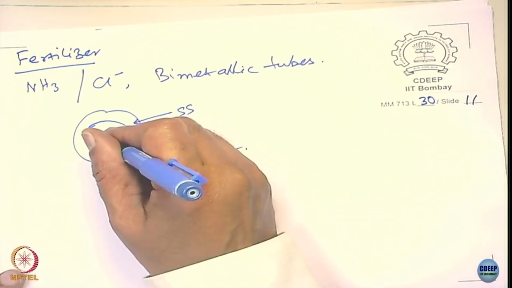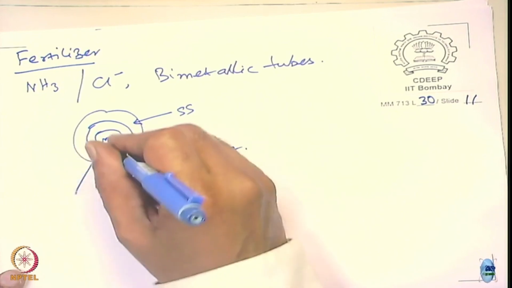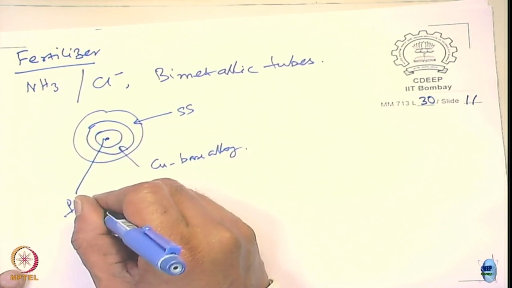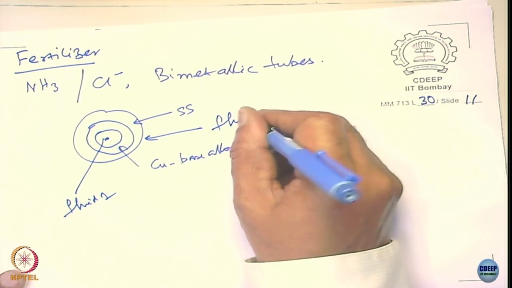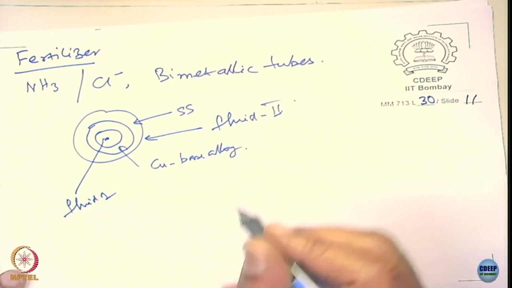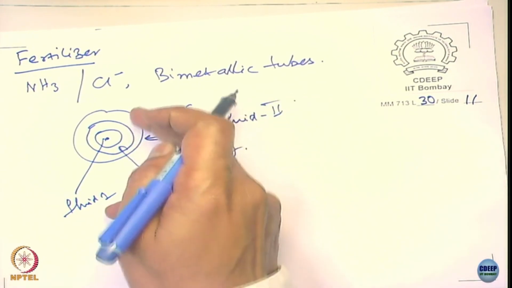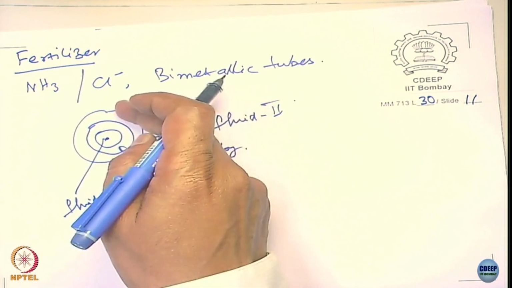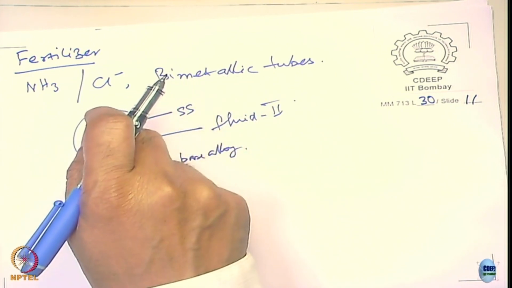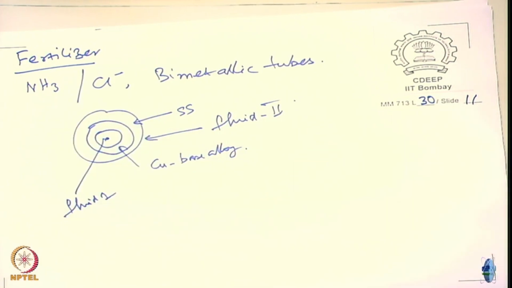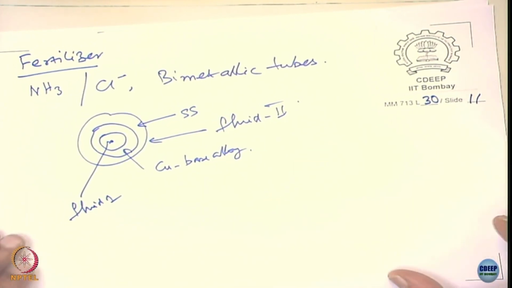This is one fluid here, fluid 1, and here is fluid 2. So, what happens in this case, I will send the ammonia outside, and the chloride containing one inside. So, I do not have any stress corrosion cracking issue at all. Any questions so far?